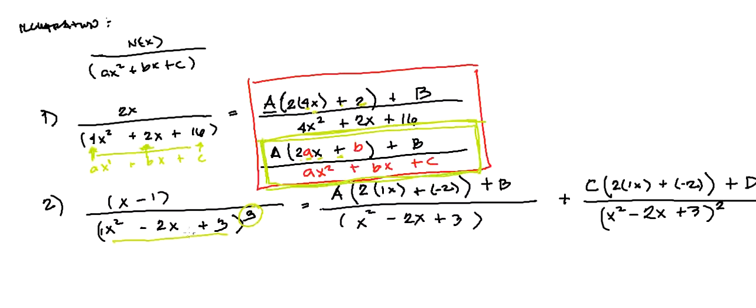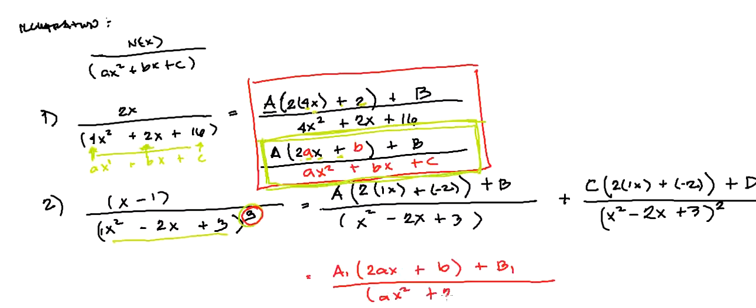Then for our second example, which is under case 4, since it is now repeated up to third degree, our formula here is a1 times 2ax plus b, then plus another constant to be determined, all over ax squared plus bx plus c.